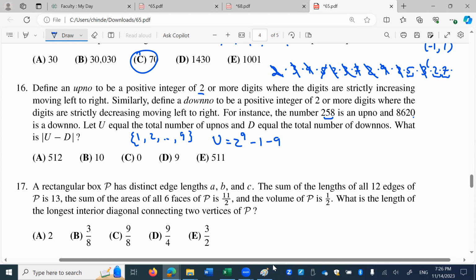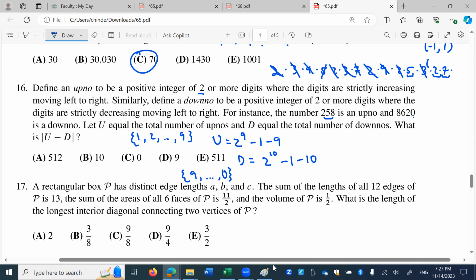So that's U. On the other hand, the D, I can select 0 as well. So I have 10 digits that I can select from. So there's 2 to the 10th subsets. Again, I can't have the empty set, and again, I can't have a singleton. Any other subset of the digits 0 through 9 will give me a unique downno.